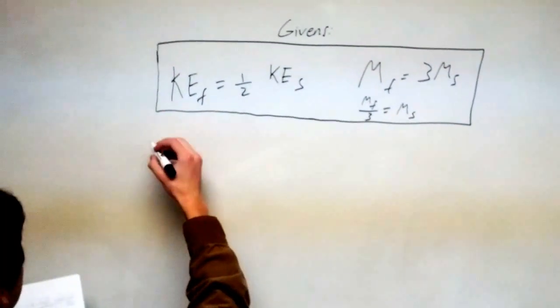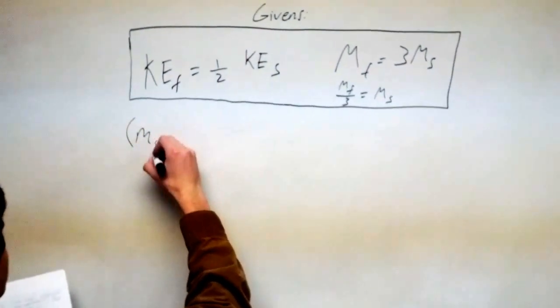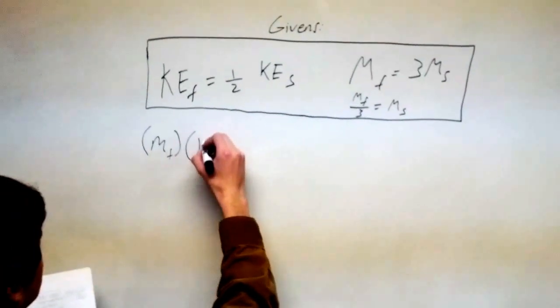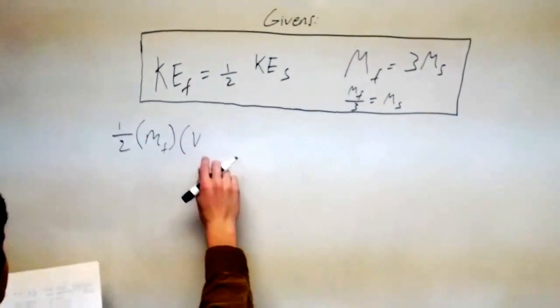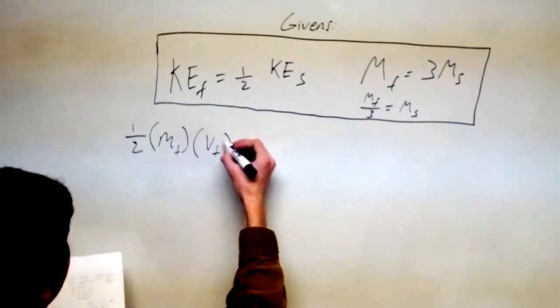So we can start by saying the mass of the father times... So this is the kinetic energy of the father, 1/2 mv squared.